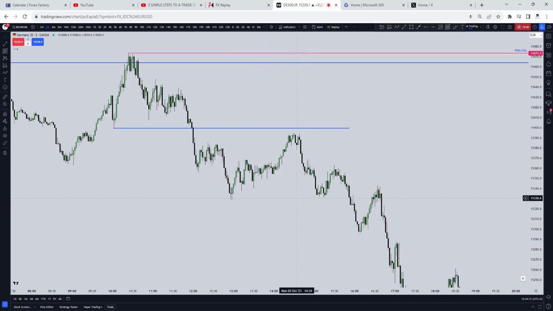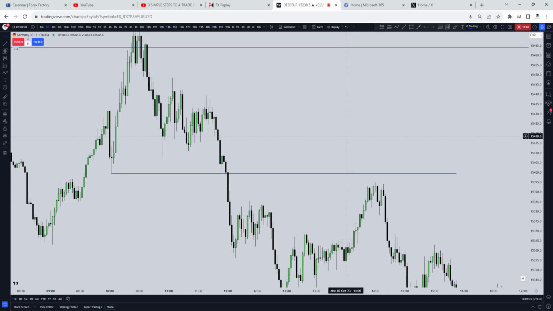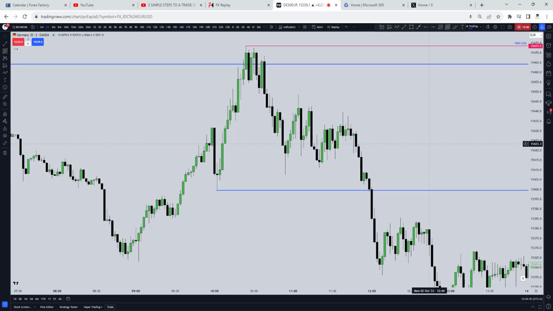Okay. Now, still on the M2, I noticed something else. Before price came into the structure, we created another structure here. Now, if you watch my old videos, I talked about something I call opposing structures.